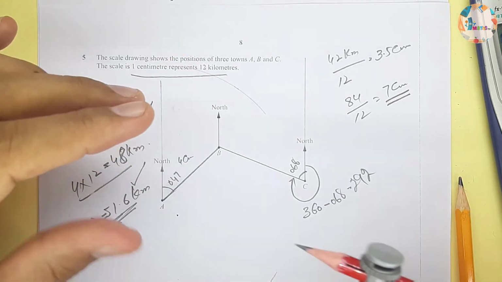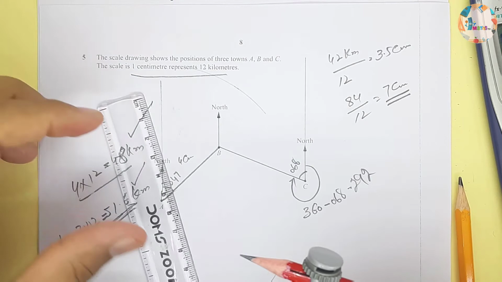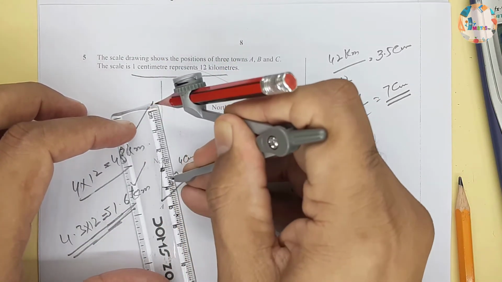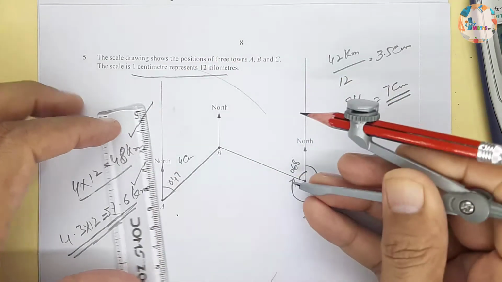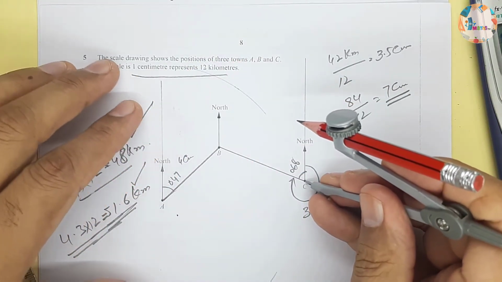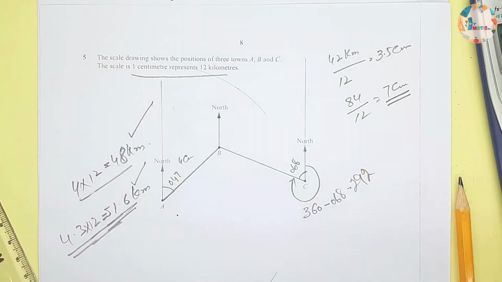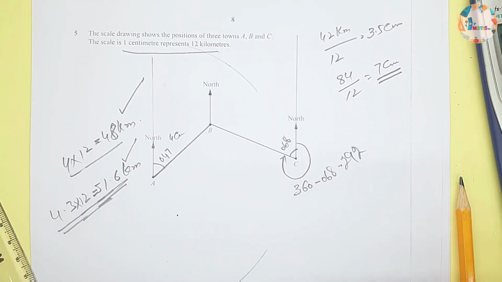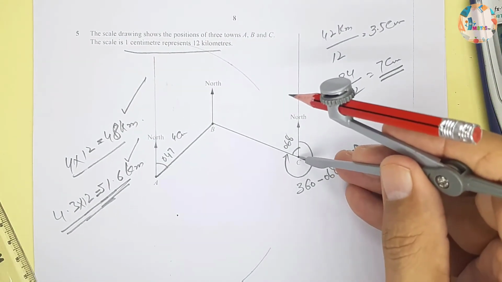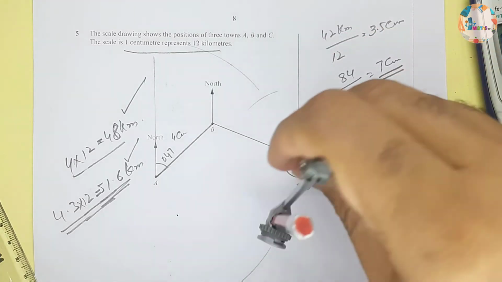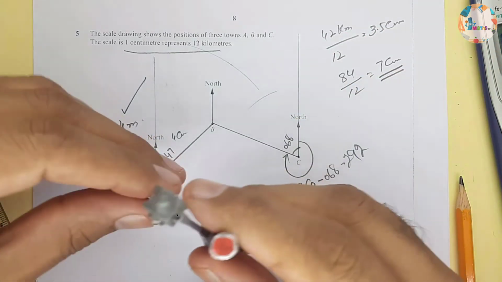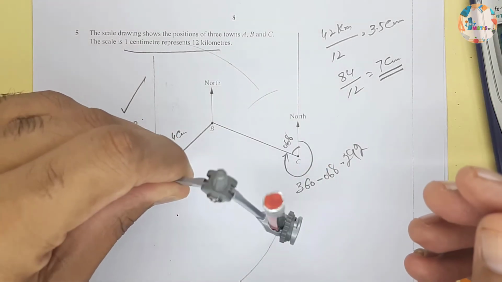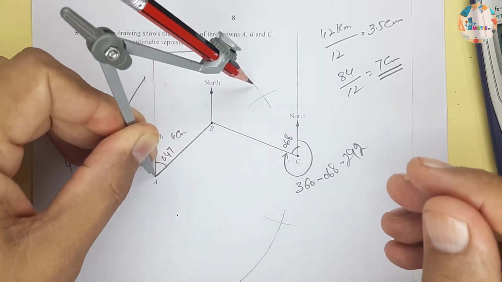The other one is 3.5, so 3.5 will be over here. So 3.5 is from C. 3.5 from C, this arc is not intersecting, so we will extend this arc and this arc as well.